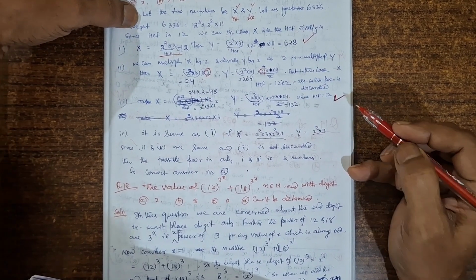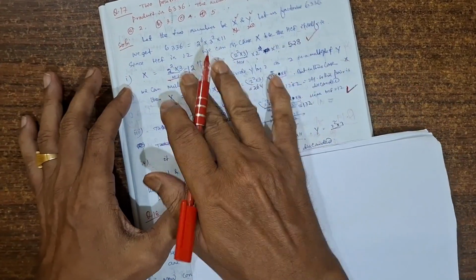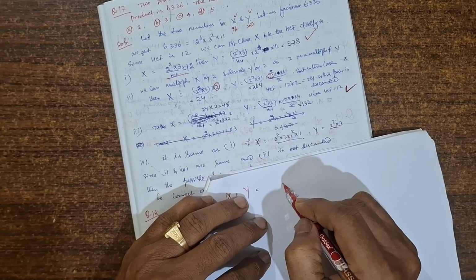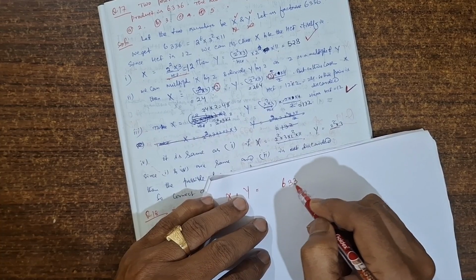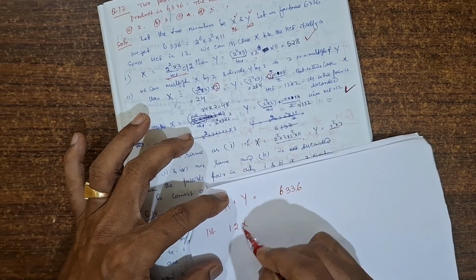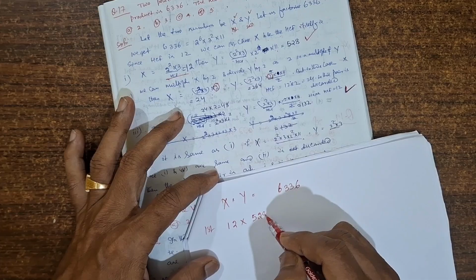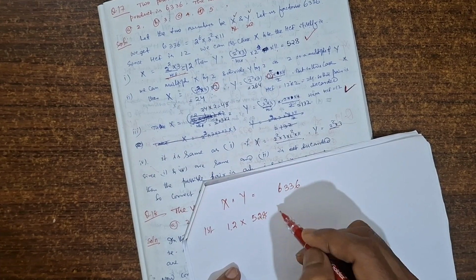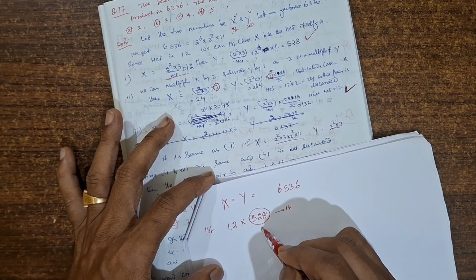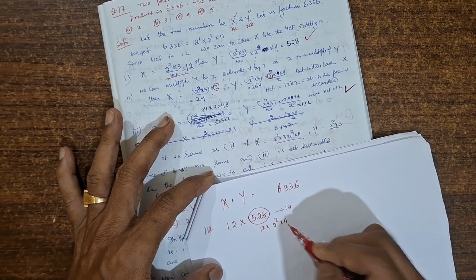These two. After solving, the doubts will be clear now. X into y is equal to 6336. First, x to be 12 into y is equal to 528. In this 528, 12 into 2 square into 11.